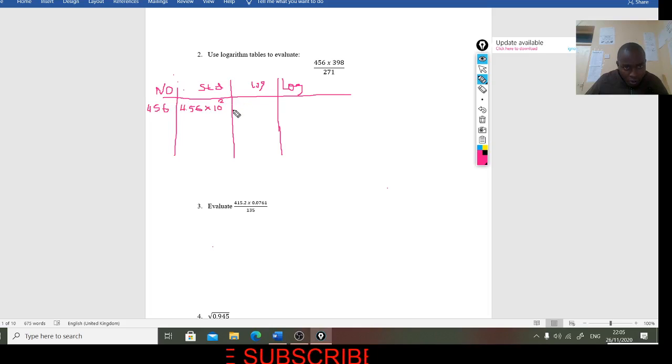So my logarithm must start with 2 point. Now you read the logarithm of 4.56 from the table. You will find it as 0.6590.